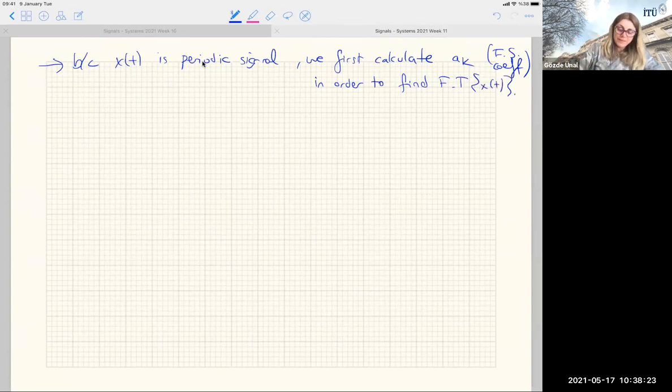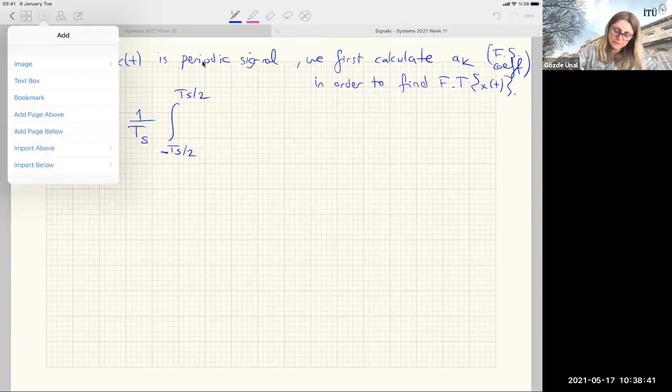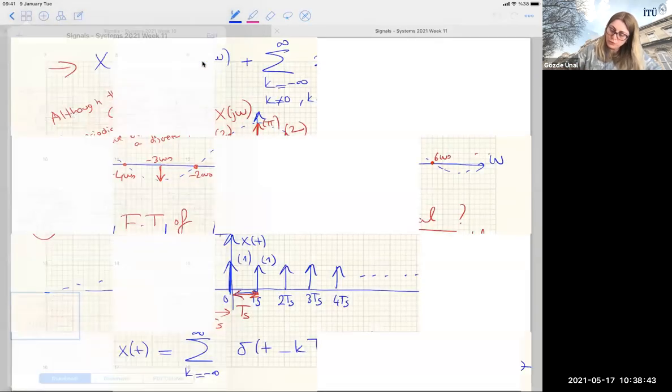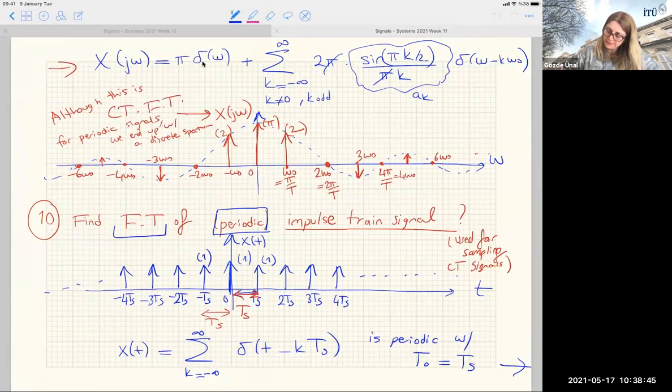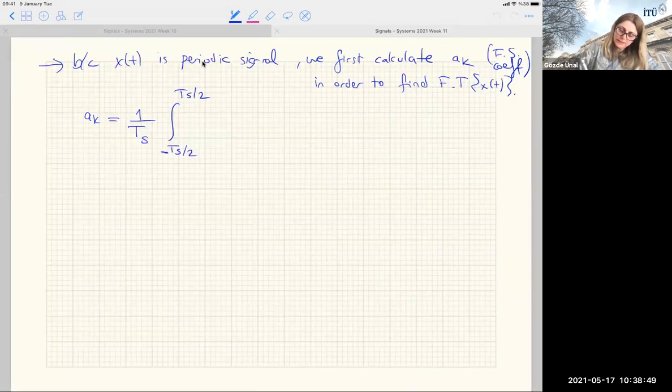So now AK, just remember, was 1 over T0, or now 1 over TS. Now let's do the integral in one interval, minus TS over 2 to TS over 2. Let's maybe show it here, guys. The signal was like this, right?